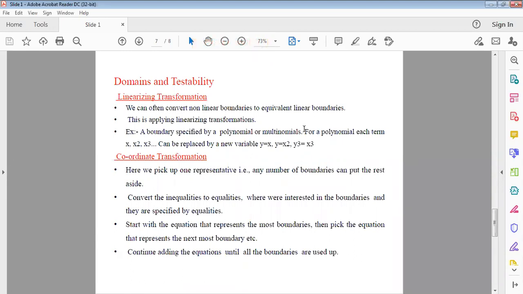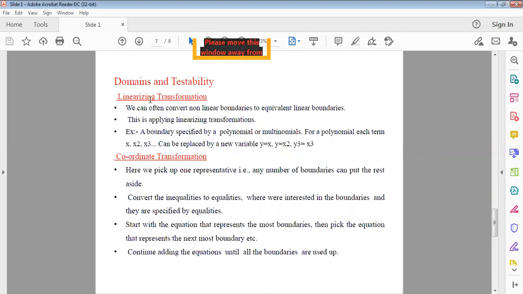In domain and testability, we transform two types of domains: linear transformations and coordinate transformations. Linear transformation is nothing but transforming non-linear boundaries to linear boundaries. Generally, linear means following a predicate like x greater than or equal to 10 or x less than 10.